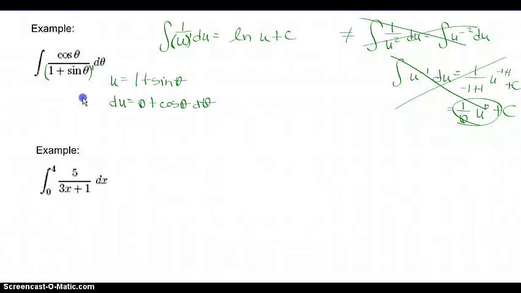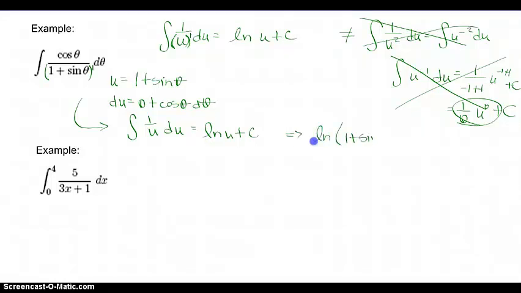And if we can completely rewrite that in terms of u and du, then it's a u substitution problem. And the antiderivative here is the natural log of u plus c. And so for us, when we back substitute back into our original variable, which here for us is theta, there is the antiderivative function for this function.